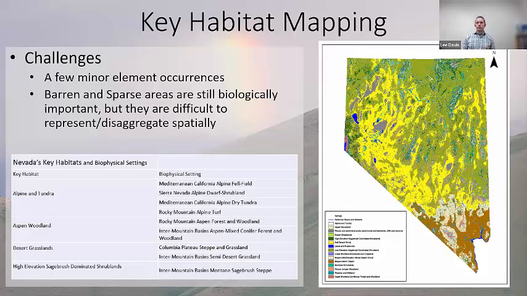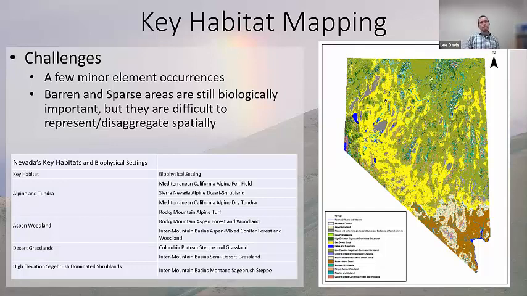Particularly one issue that challenged us here in Nevada, because we're a very dry state, is the abundance of barren and sparse pixels on the landscape here. And so you can see a number of the gray areas, for instance, if you can see my cursor, are very large playa systems. You actually can't see some of the playas down here because we've subsumed those within the Mojave Warm Desert for other ecological reasons.